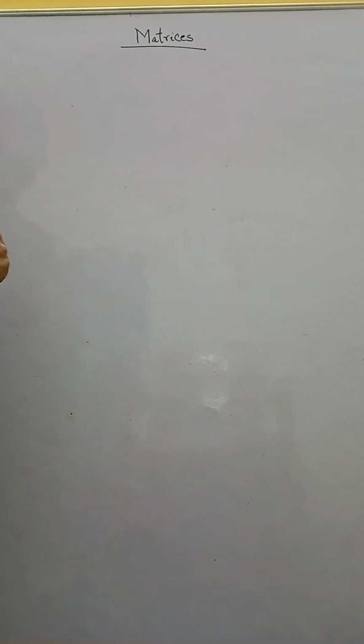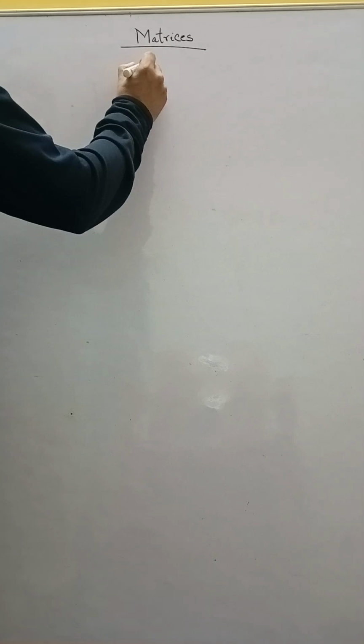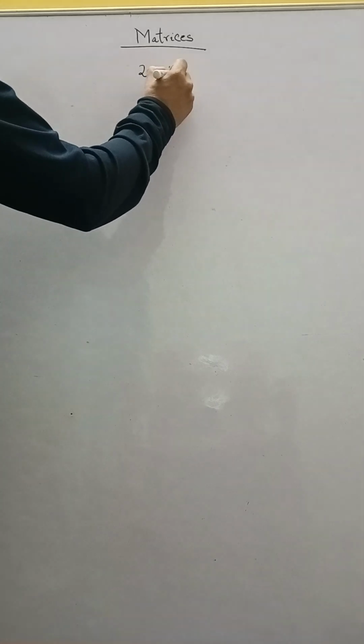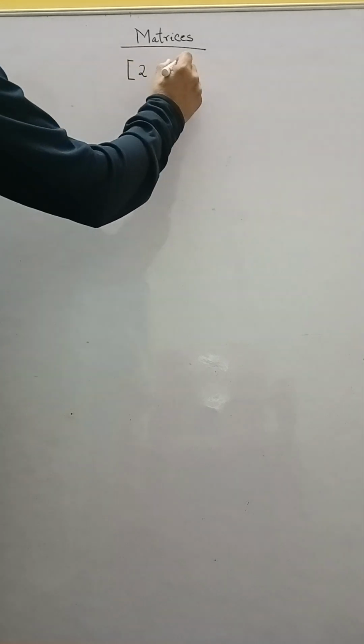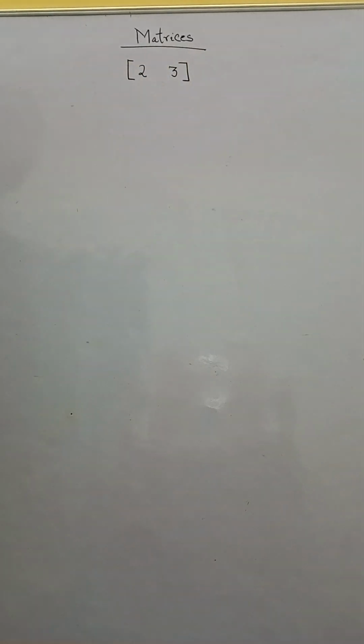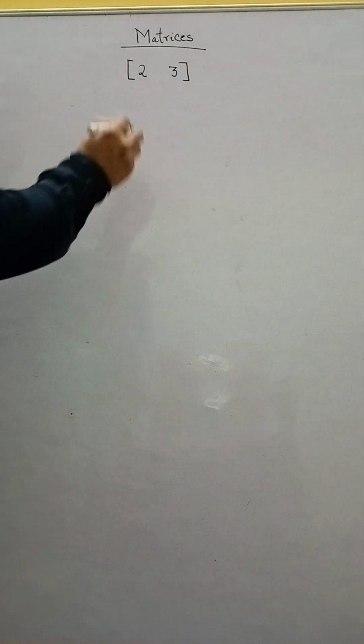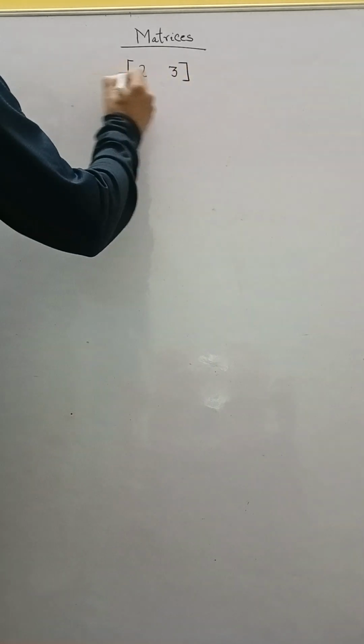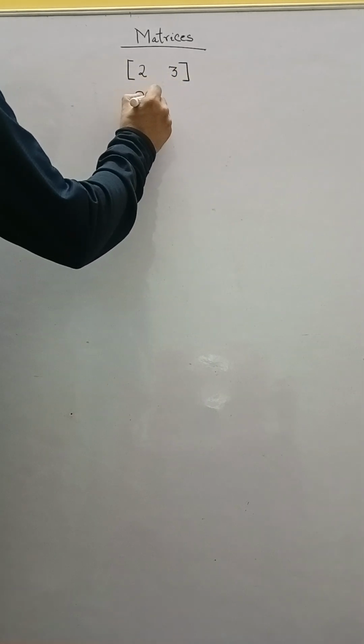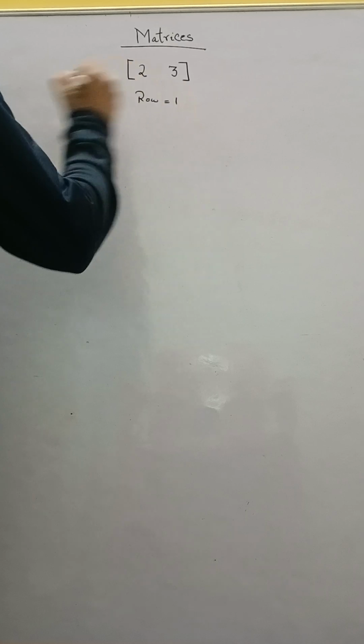Matrix is an array, you can say. It is an arrangement of numbers in the form of rows and columns. Like if I write 2 and 3 and enclose them in a square bracket, this horizontal line is called the row. It has one row.